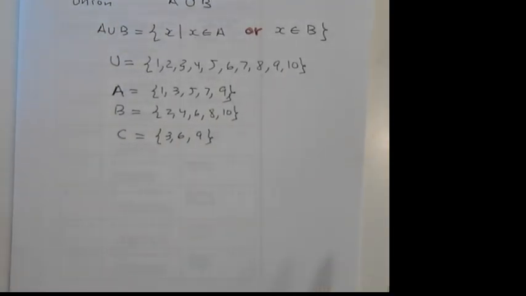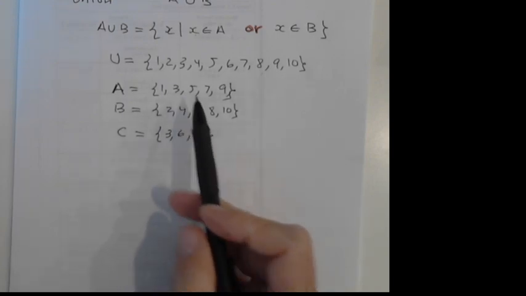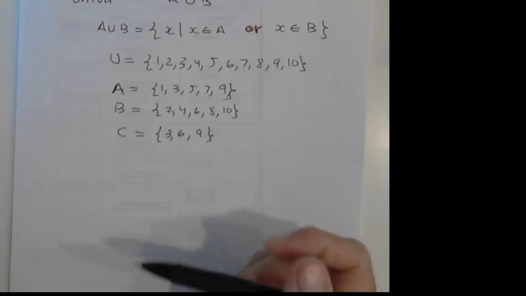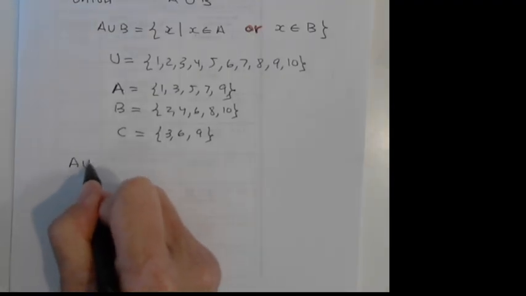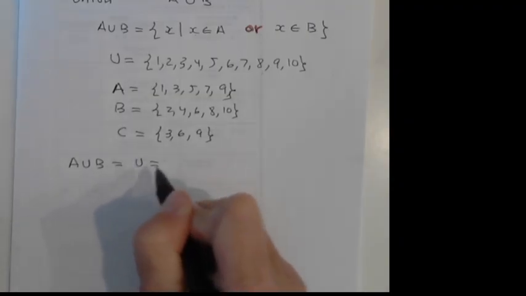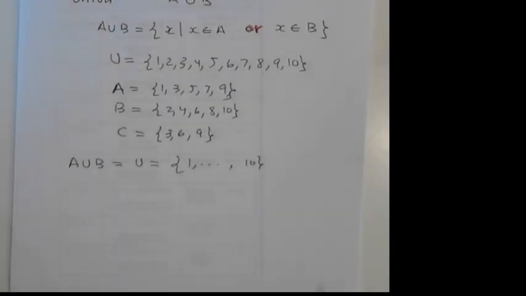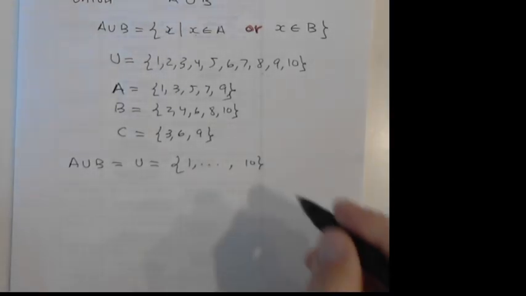So for example, if A is the odd numbers and B are the even numbers, A union B is going to be the universe. Because if I say to you odd numbers or even numbers, that is everything.